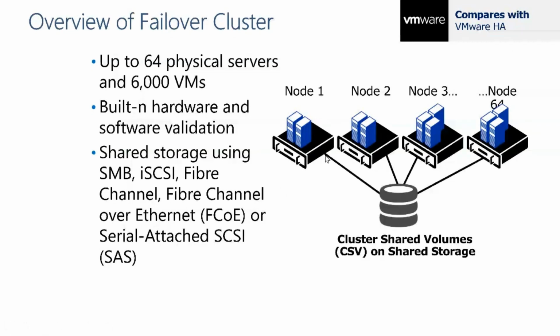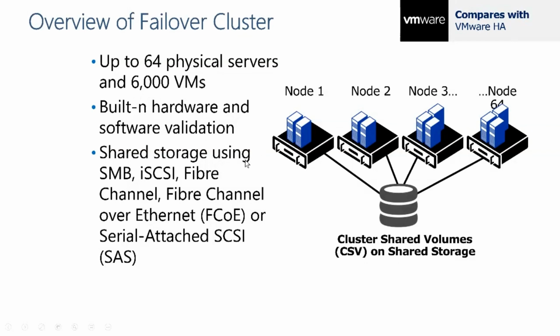The failover cluster, or the VMware high availability, does not work unless you have spare capacity. If you don't have enough capacity, it cannot work. It can support up to 64 physical servers and protect up to 6,000 virtual machines.